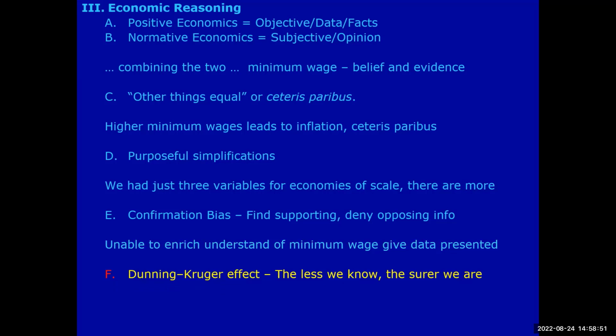Dunning-Kruger is something else that's important to be aware of, and that is the less people know about something, the more sure they are about that thing. Psychology professors came up with this idea and they tested it by putting on a final for their students. At the end of the final, what grade did you think you got? The students who got F's put that they thought they got A's and B's.